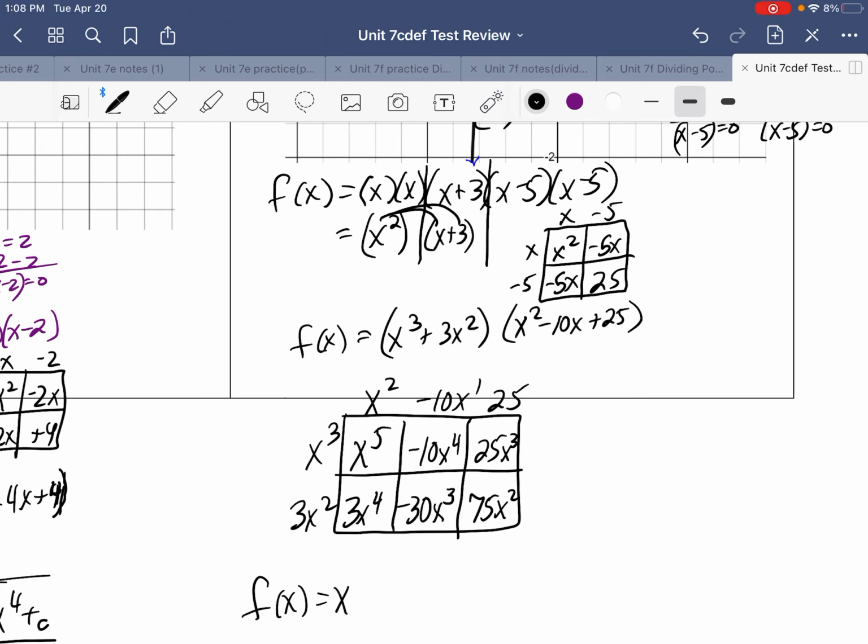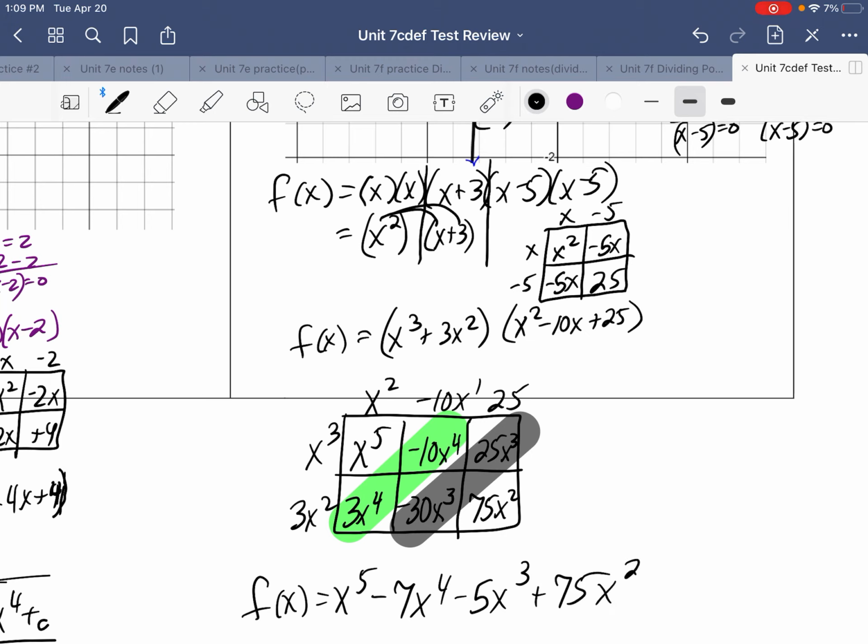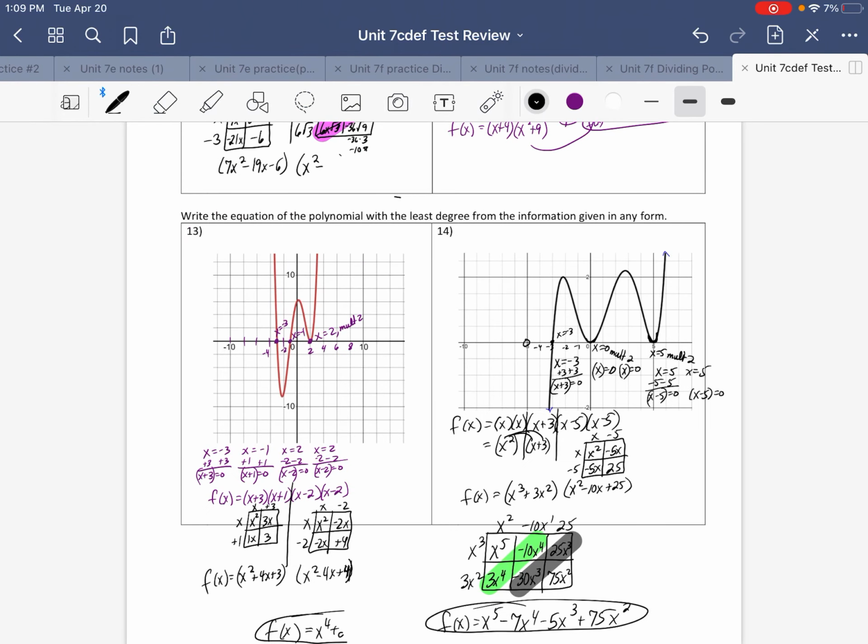So x to the fifth is no like term there. That's going to be a negative 7x to the fourth. Those two like terms are going to add up to negative 5x cubed, and at the end, 75x squared. That is your polynomial. That would give you those zeros.